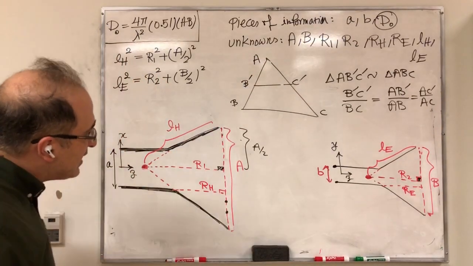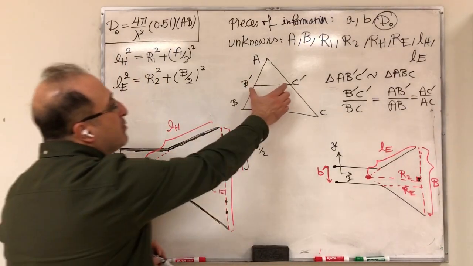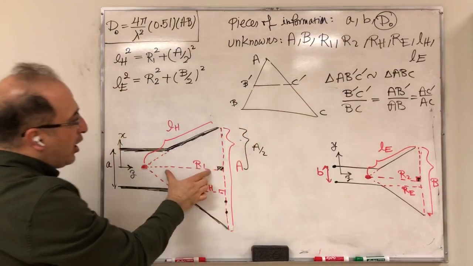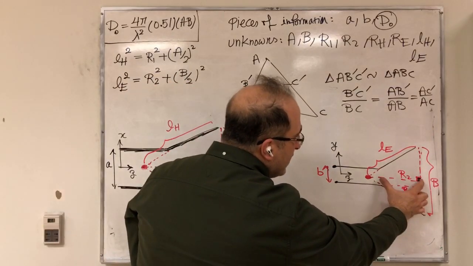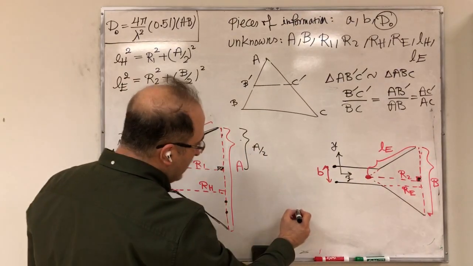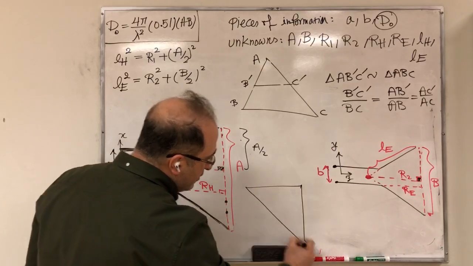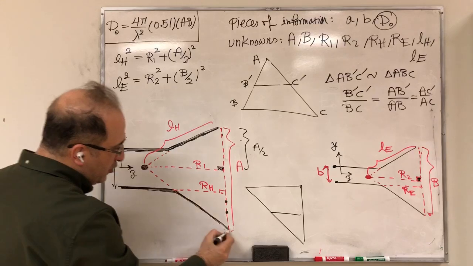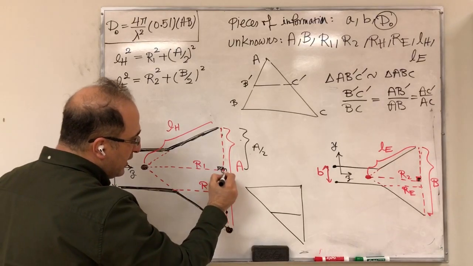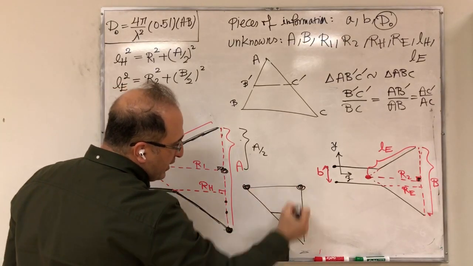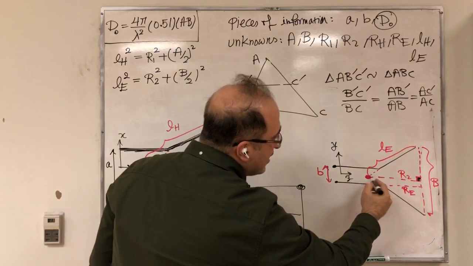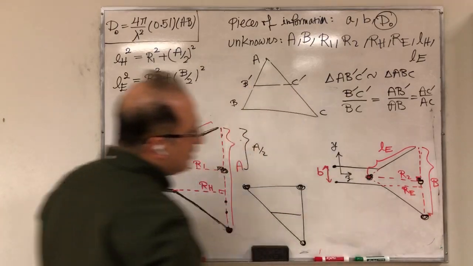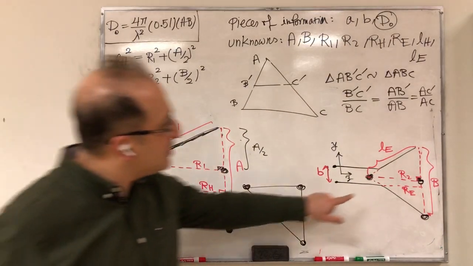Now, we have exactly the same situation here. Replace B prime C prime by RH and replace BC by R1. Similarly here, RE is parallel with R2. So I'm talking about these triangles now. From here to here to here, this is my triangle, and similarly the same triangle here. So then you have two parallel lines, the same as that.